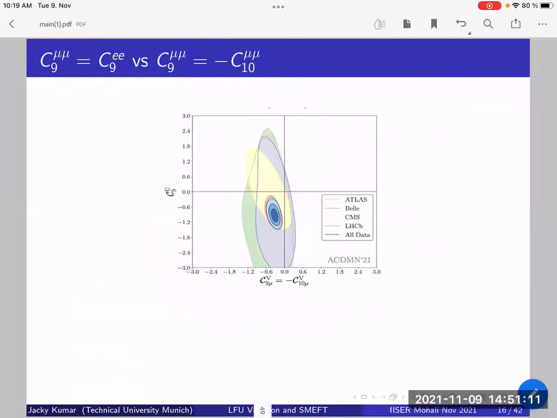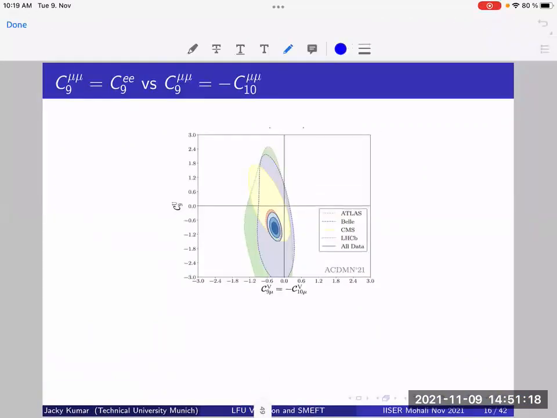Okay, so these are various fits in different scenarios people have performed, and this particular fit is very interesting. Here, people fit C9 equal to minus C10 muon versus C9 universal.